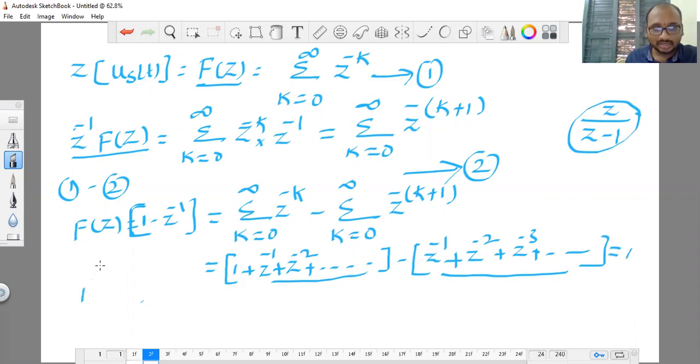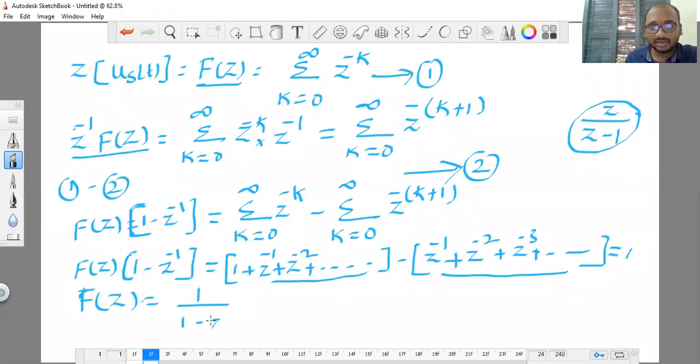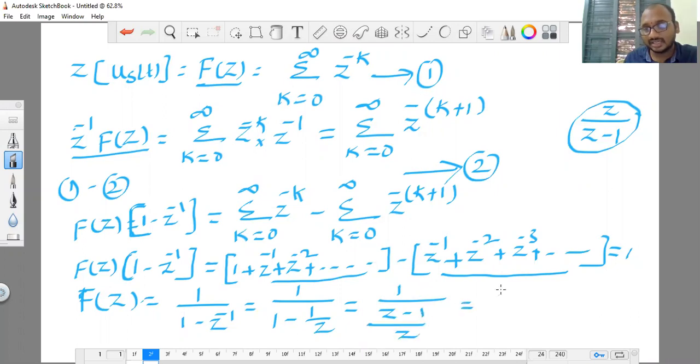So here, on the LHS we have f of z into 1 minus z power minus 1. From this, f of z is equal to 1 divided by 1 minus z power minus 1. Z power minus 1 means 1 divided by z. If you take the LCM, it becomes z divided by z minus 1.